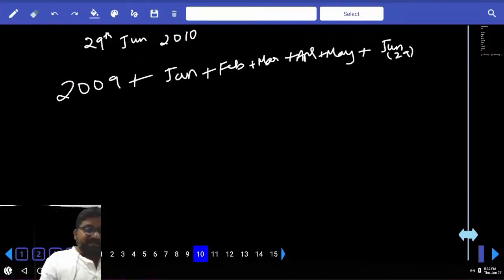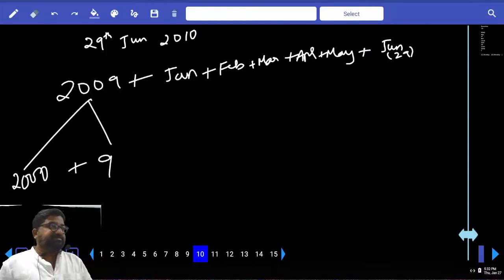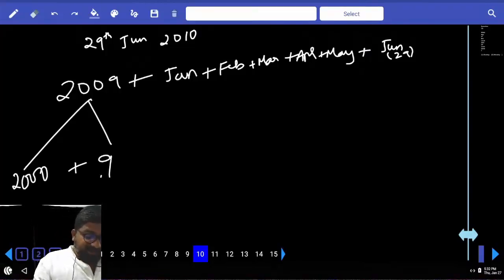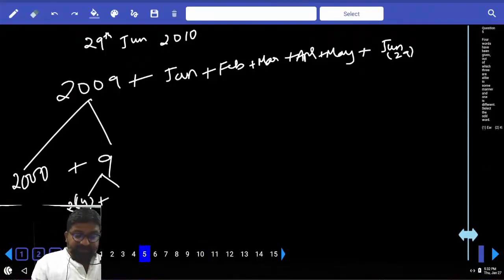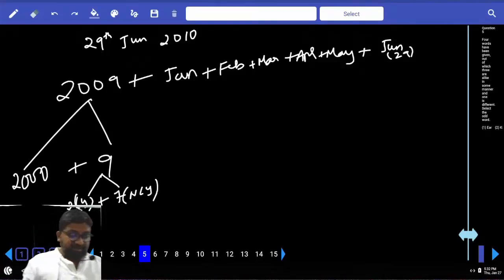Yes, I can further simplify this 2009 into 2000 plus 9. In this 9, how many leap years will I get? 2 leap years. How many non-leap years? 7 non-leap years. Right?